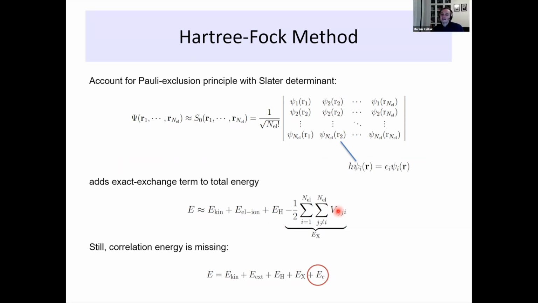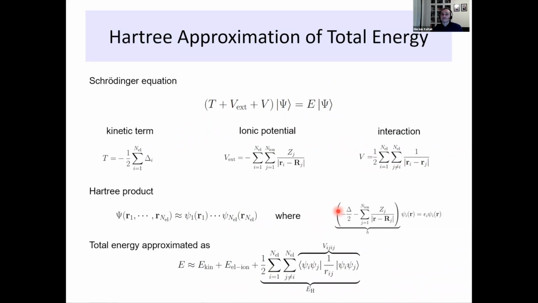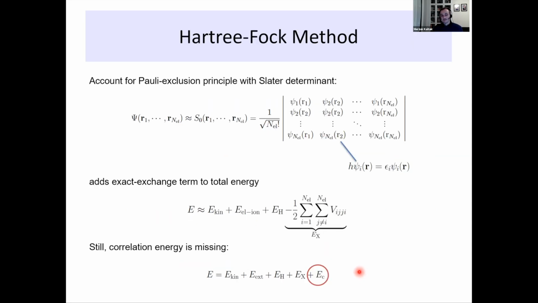So an uncorrelated system, probably the easiest one, is the Hartree one, right? So if you assume the wave function has this ansatz, then you can solve the Schrödinger equation exactly. However, you don't account for the Pauli principle, nor the correlation. So the next step, again, is Hartree-Fock.